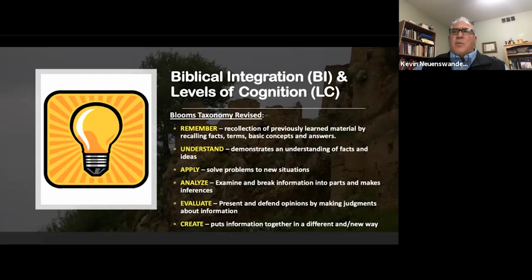You solve problems in new situations. Analyzing, so you examine and break information into parts and make inferences. Evaluate, you present and defend opinions by making judgments about information. And then creating, putting together and creating new things, compiling information by proposing alternative solutions.